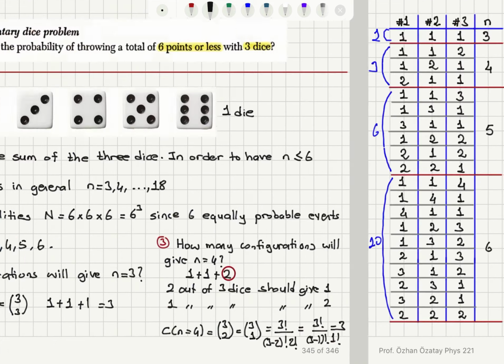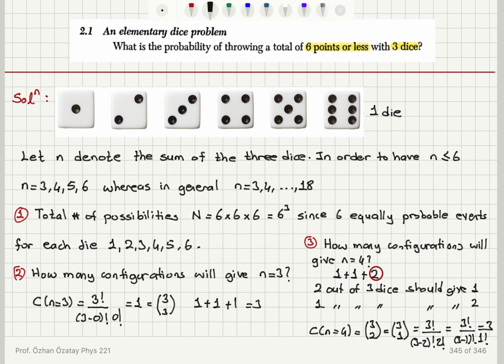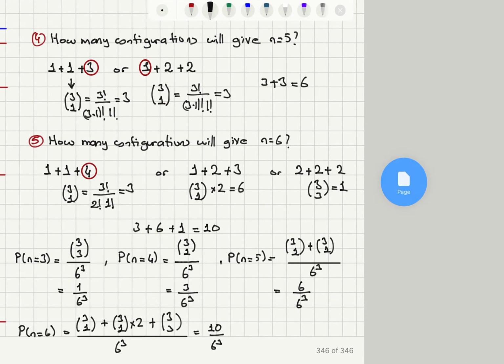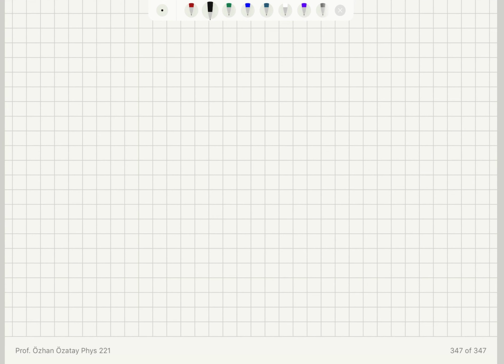Now, going back to the original question, what is the probability of throwing a total of 6 points or less with 3 dice? Well, the probability of having n less or equal to 6 means you have the probability of n equals 3.